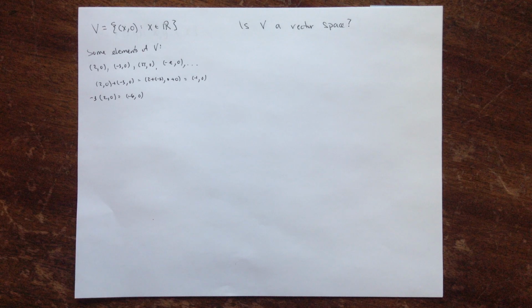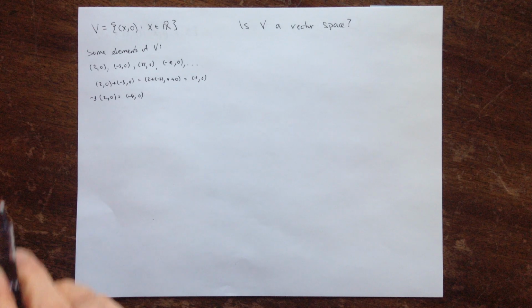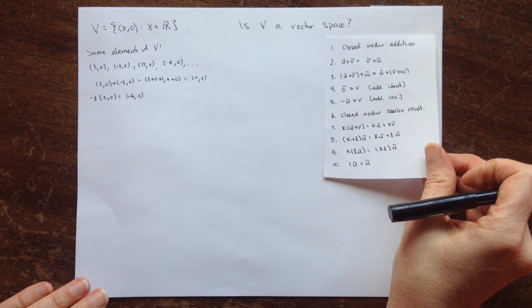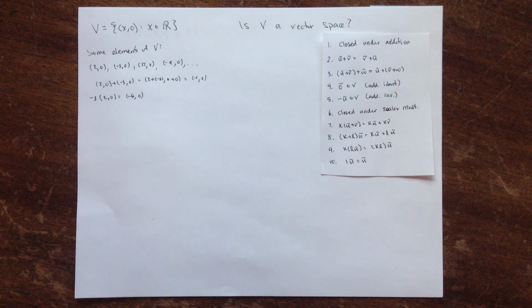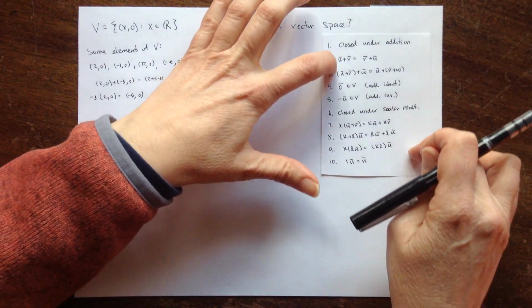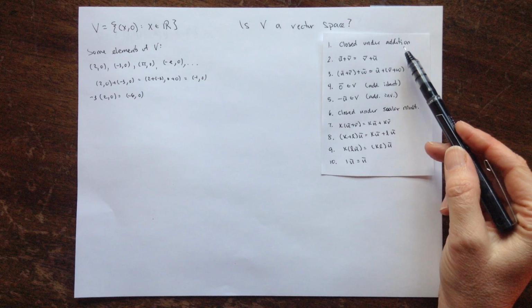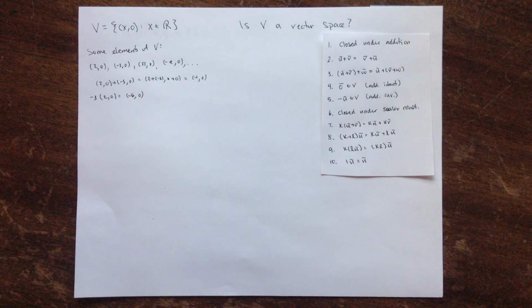So we need to know if this set and the standard operations satisfy all of the vector space axioms. And here's a little bit of a cheat sheet for the vector space axioms. So first we need to know, is this set closed under addition? If I take two things in that set, do I get another thing in that set?